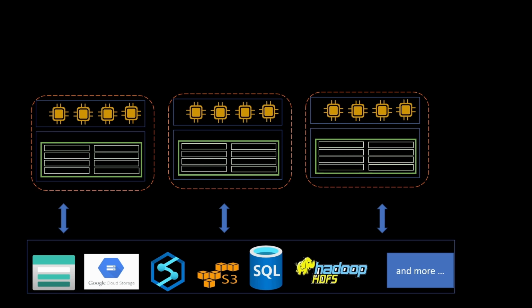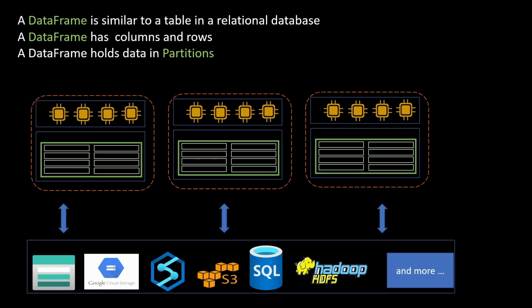The data frame holds data in the form of partitions to allow parallel processing. Again, a data frame is similar to a table in a relational database. A data frame has columns and rows, and holds data in the form of partitions in memory.